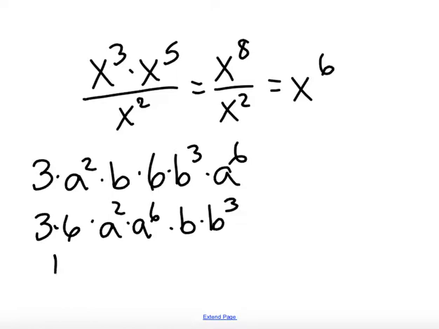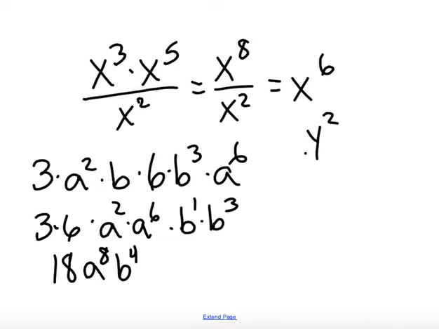So 3 times 6 is 18. A squared times a to the 6, well, we can add those together and get a to the 8th. B, well, that b has an exponent of 1, so b times b to the 3rd I add and get b to the 4th.